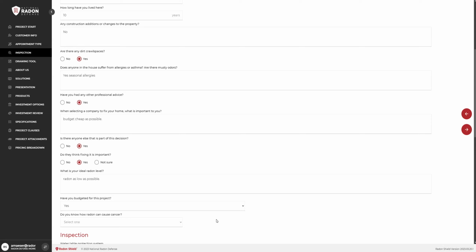So if the response is no, this is a great chance for you to say in a brief paragraph exactly what causes cancer. I find this interesting. Most people don't know it, but it's not the gas itself that's the problem. It's basically once the radon gas comes into the home from the soil around it, it gets trapped in our home and it breaks down to solid microscopic radioactive particles called radon decay products.